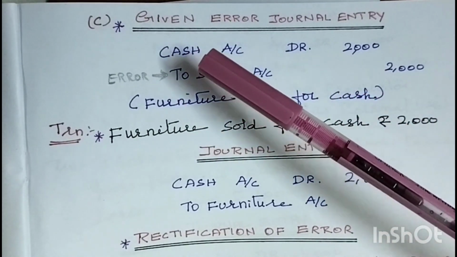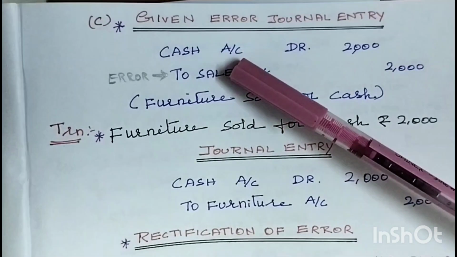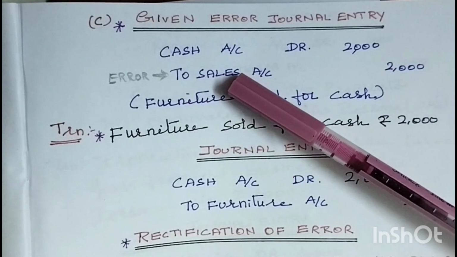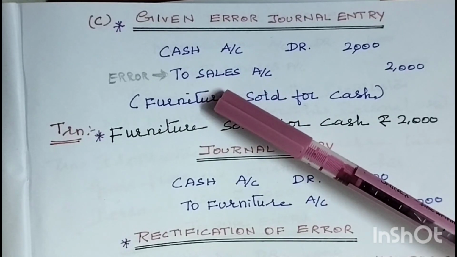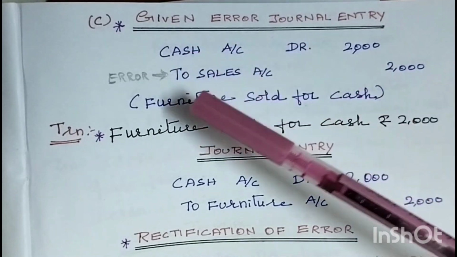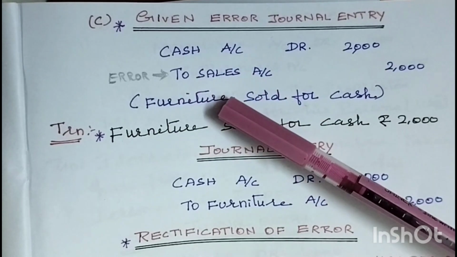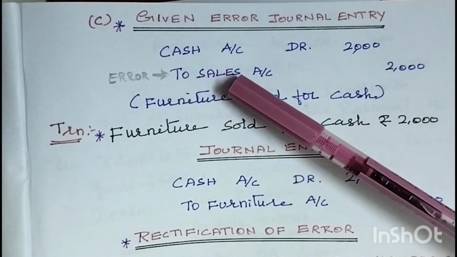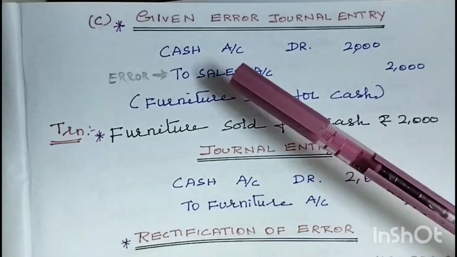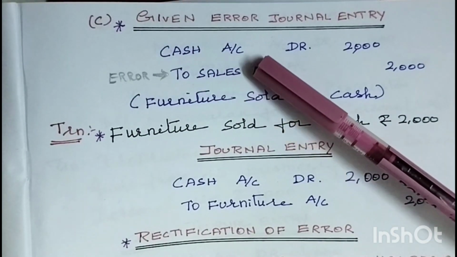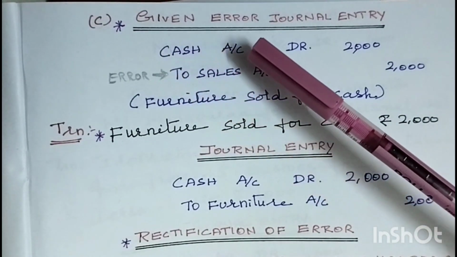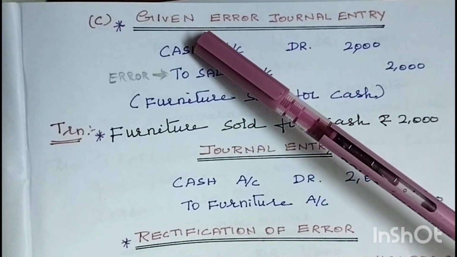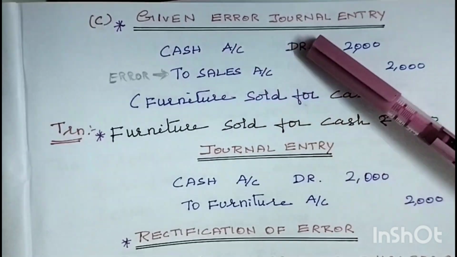When you sold goods, you have to enter the sales on the credit side. That means cash account debtor to sales account. When you sold goods, cash comes into your business, so your cash account increases and will be debited.